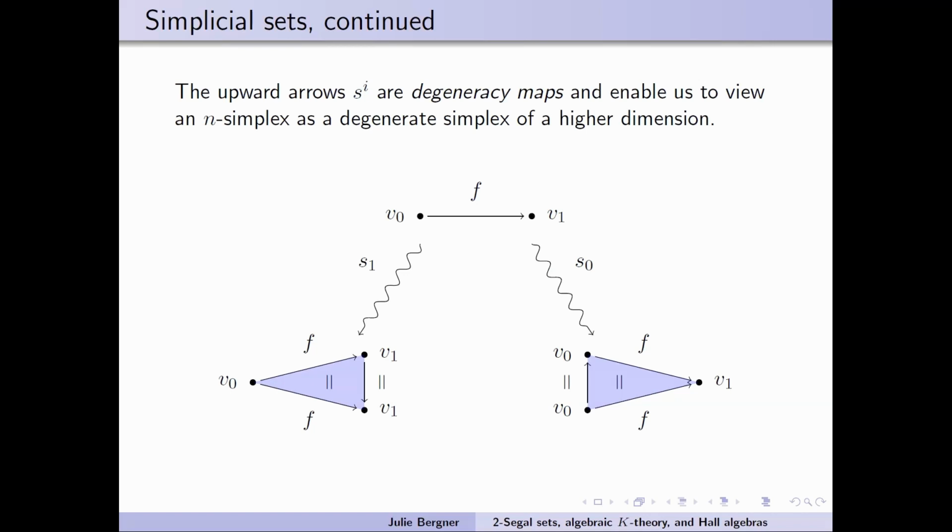You can either put that on the right side, so that your d0 is degenerate, that's s1, and then with s0 you're doubling up this zero vertex. So those are the ways to think about those. These face and degeneracy maps are going to pop up throughout.